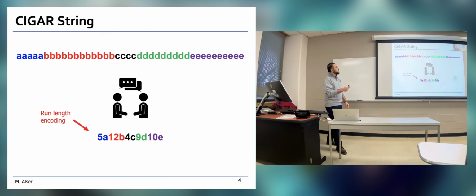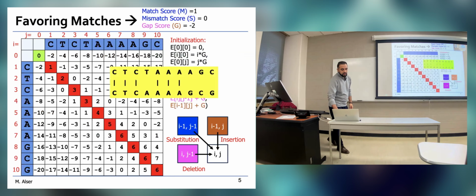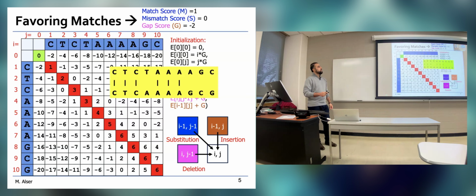And we talked about the CIGAR string, which is a way to represent a very long number of operations, which could be the edit operations that we extracted from the dynamic programming table. And we talked about how we can control the penalty score for match and mismatch and gap, which includes insertion and deletion.